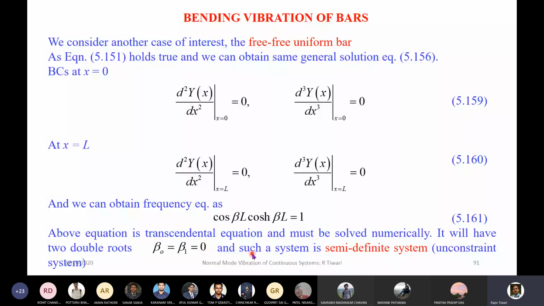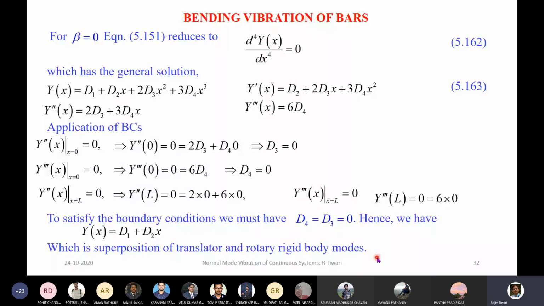Apart from that, there will be flexible mode natural frequencies apart from this 0. But because it is an unconstrained case, we'll have two natural frequencies that will be 0. And corresponding to that, let us see the mode shape.